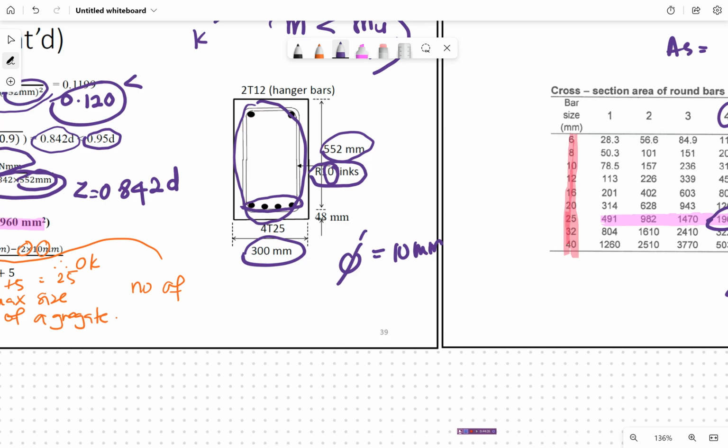And 2T12 hanger bars ni, ini 2T12 tu assumption saja. So hanger bars dia tak ada any function yang ni 2 biji ni. Right? Dia tak ada function untuk support any load ataupun support any moment. It just for connection purpose only. Right?